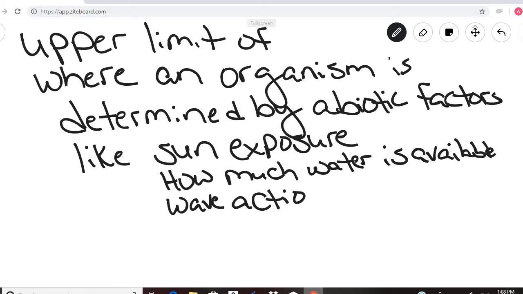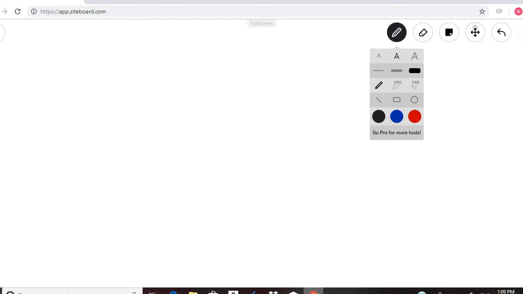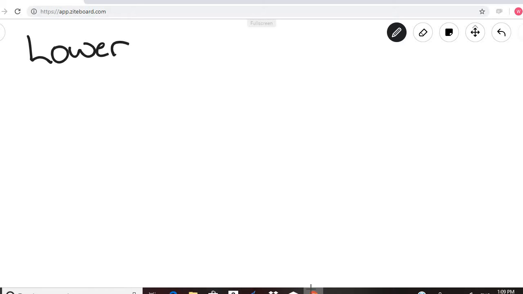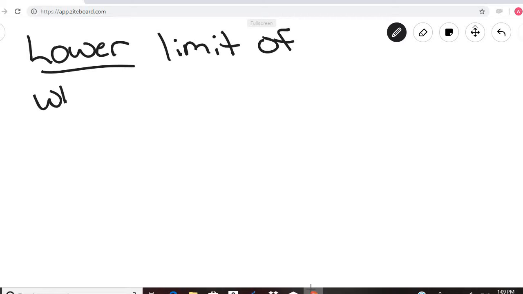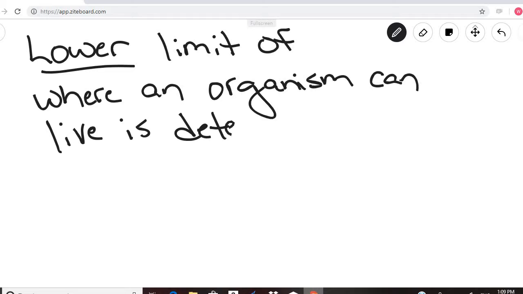So marine biologists think that the upper limit of where an organism can live is determined by abiotic factors. Then they think that the lower limit of where an organism can live is determined by biotic factors.